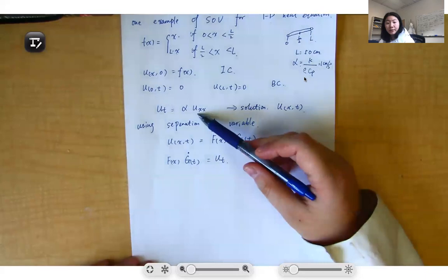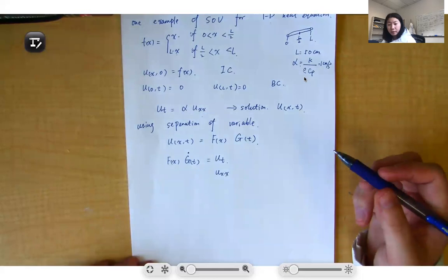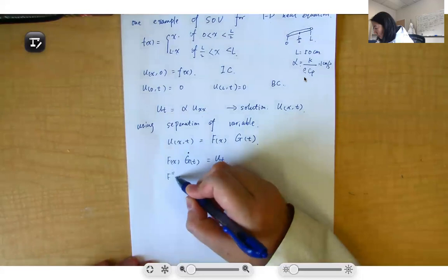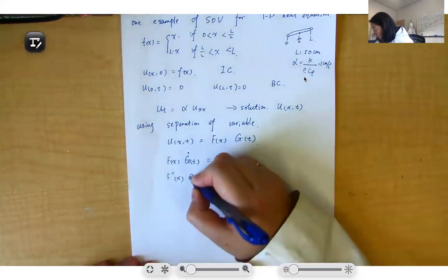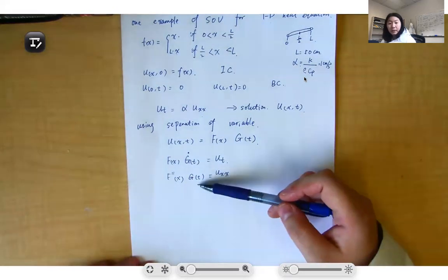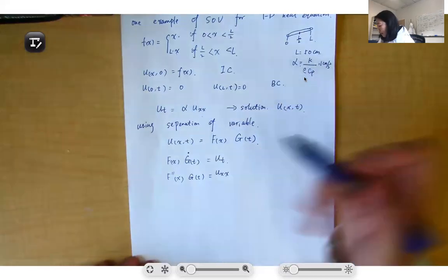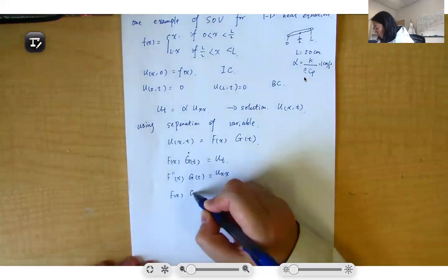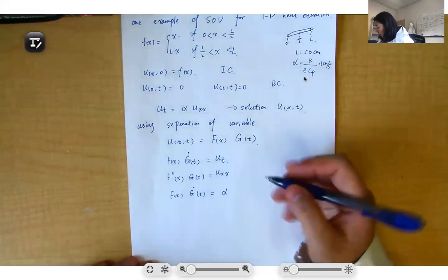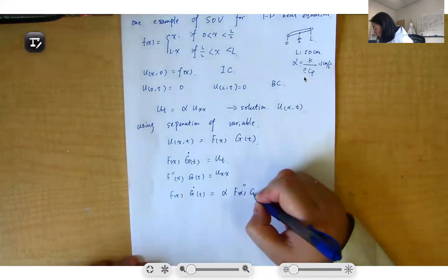How about u_xx? It will be the second derivative in space, so f double prime(x) g(t) equals u_xx. Then we replace the original PDE: f(x) g dot equals alpha f double prime g.